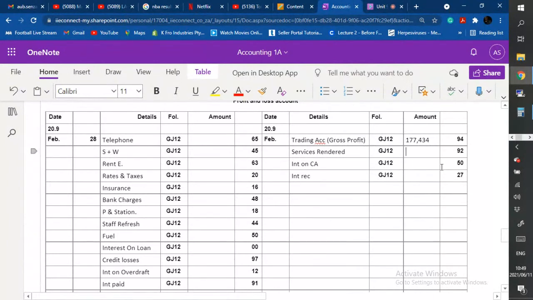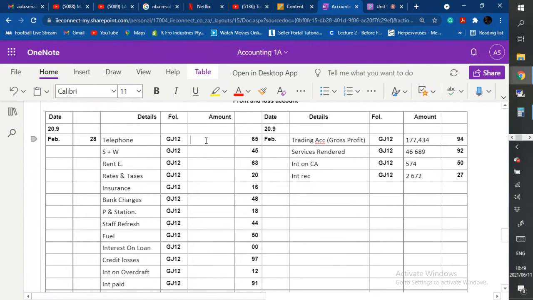Okay. Then we go to services rendered. Again, we're just copying these amounts out of our trial balance. Okay, services rendered. That is 46,689. Okay. Income on current account. What is the income on current account? 574. Okay, and we have the cents there on the side. Interest received, 2,672.